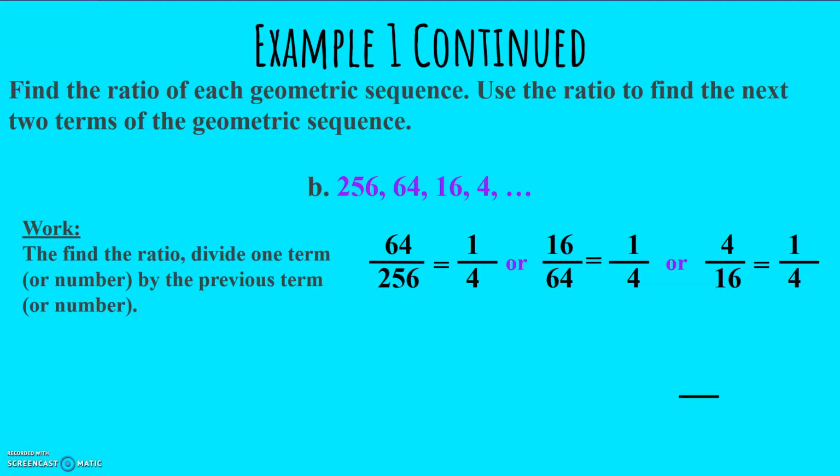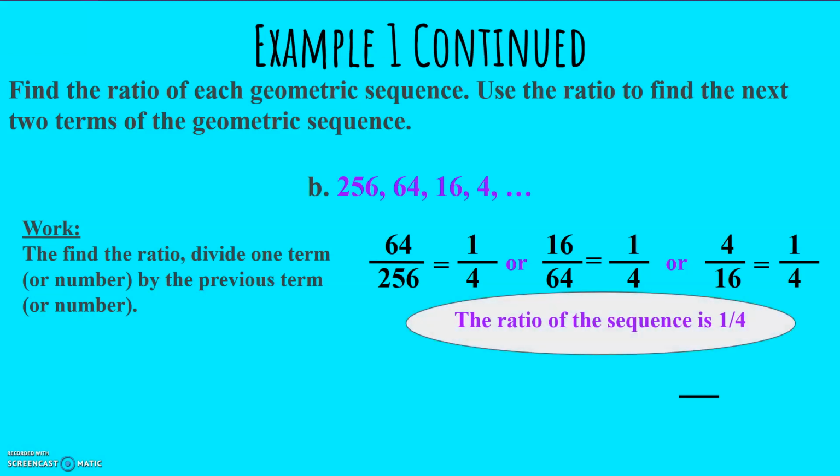If we divide 64 by 256, we get 1/4. If we divide 16 by 64, we get 1/4. And if we divide 4 by 16, we get 1/4. Meaning that if we were to divide 4 into 16 pieces, each piece would be 1/4. The ratio of this sequence, using the method we just used, is 1/4.